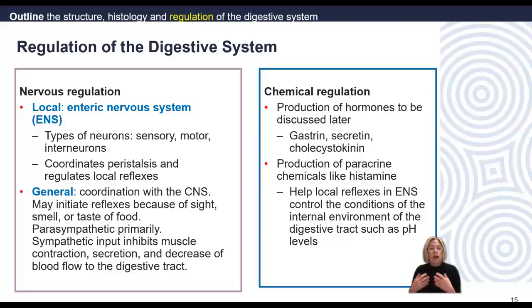Serotonin acts when it's released to increase motility. About 95% of all of the serotonin in our bodies is located in our digestive tract. So drugs that are used to increase serotonin levels, such as antidepressants, will also have effects on the gastrointestinal tract.